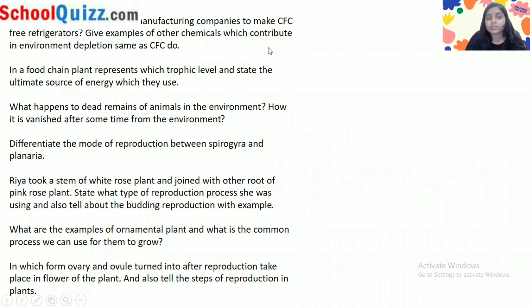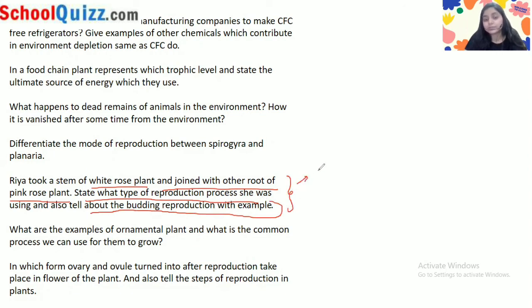Ria took a stem of a white rose plant and joined it with the root of a pink rose plant, right? State what type of reproduction process she was using and also tell about budding reproduction with an example. So in this question, you can see there are 2 questions.